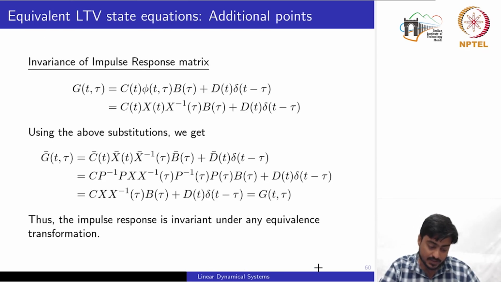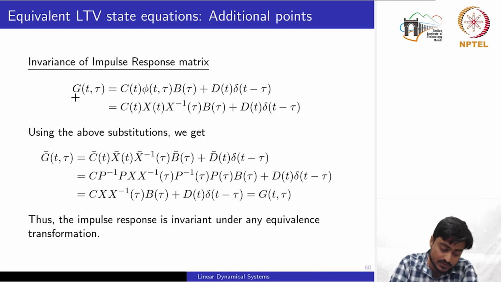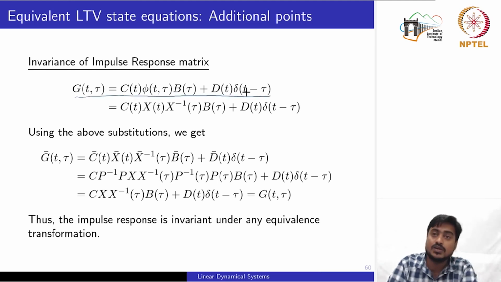The invariance of the impulse response matrix. Say for example, G of t comma tau defines the impulse function of the original state space equation, where we have replaced the state transition matrix phi by the multiplication of capital X of t into the inverse of capital X of tau. Okay, this was the solution of the state transition matrix.